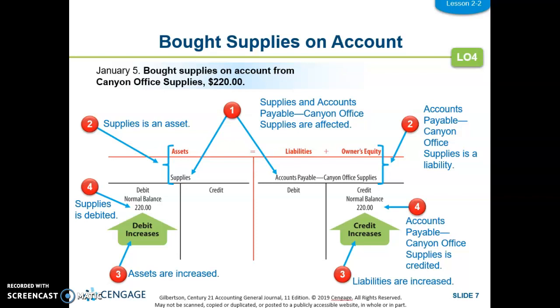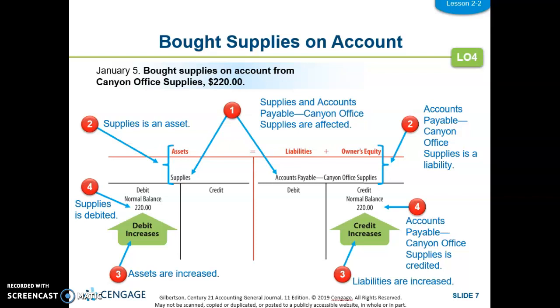Now assets is going to be increasing, our supplies is increasing because we bought supplies, and our accounts payable Canyon Office Supplies is also increasing because the amount that we owe them is increasing. So supplies, since it's increasing and it's an asset, it will receive a debit, and accounts payable Canyon Office Supplies, since that is increasing, it will receive a credit. So we have a debit and we have a credit.